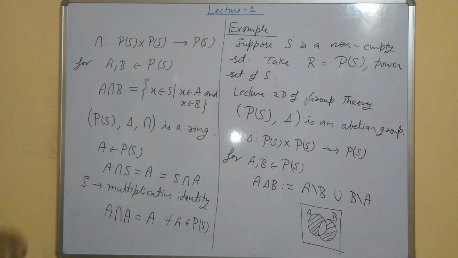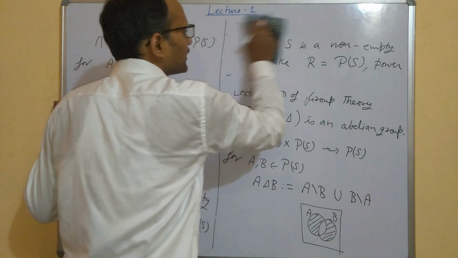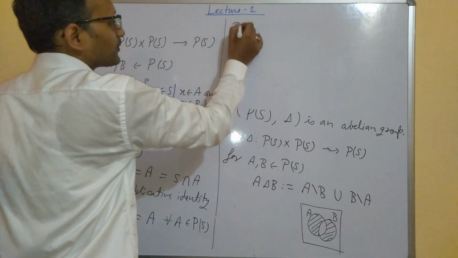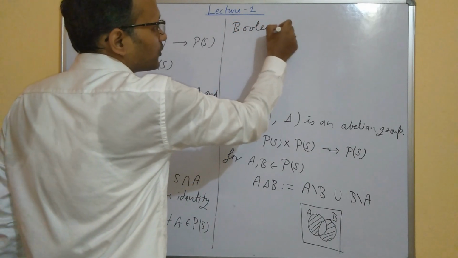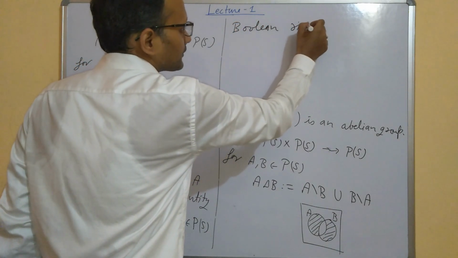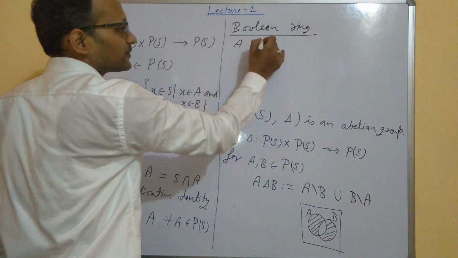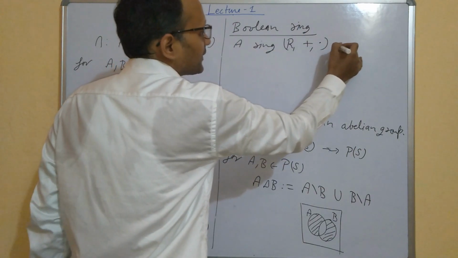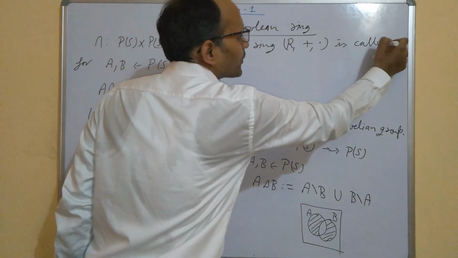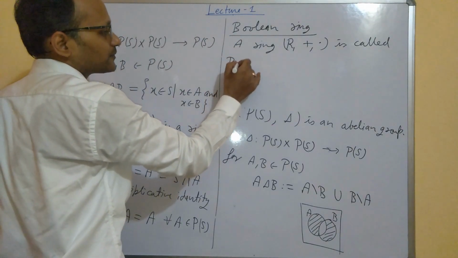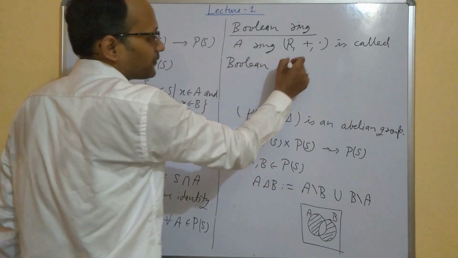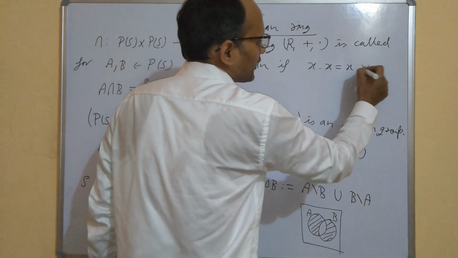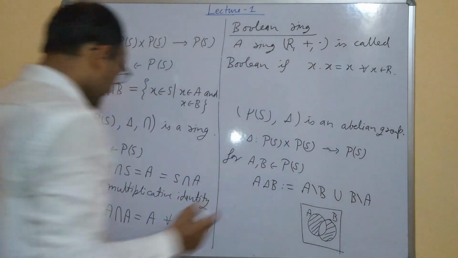So let me write the definition of a Boolean ring, then it will become more clear. A ring R, plus, dot is called Boolean if x into x is equal to x for all x in R. So that is happening here.